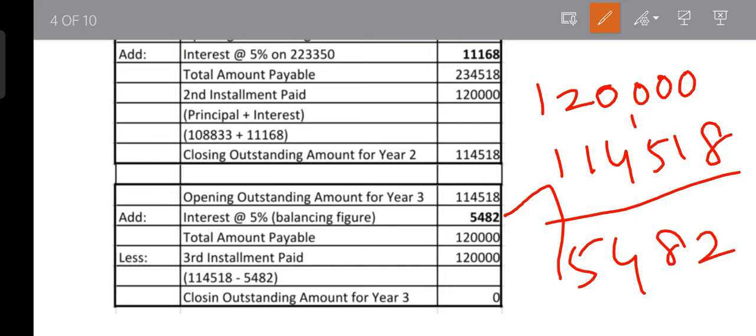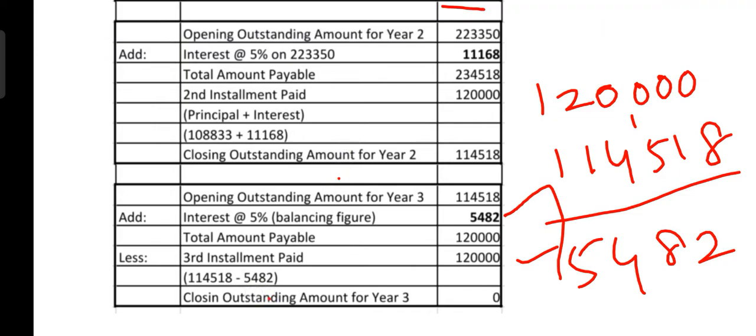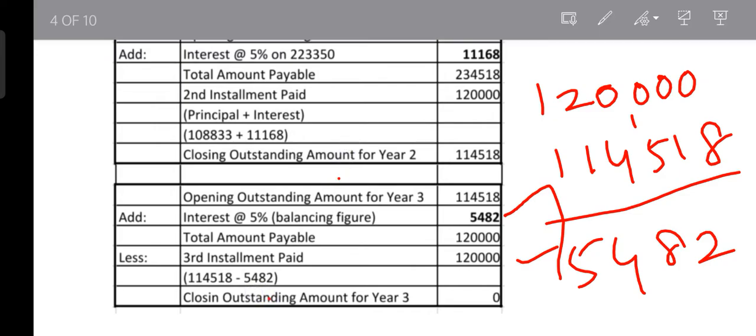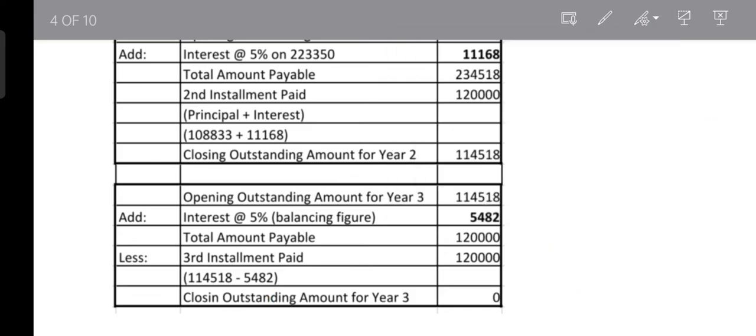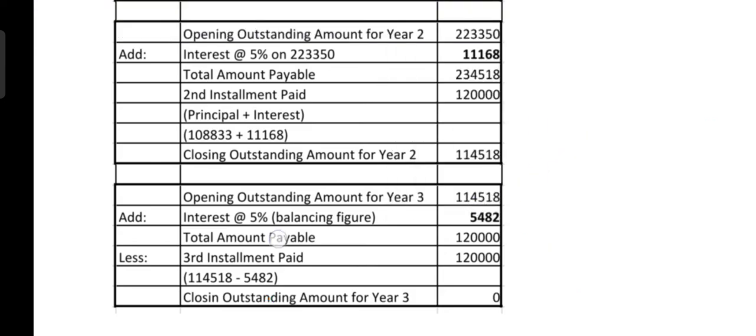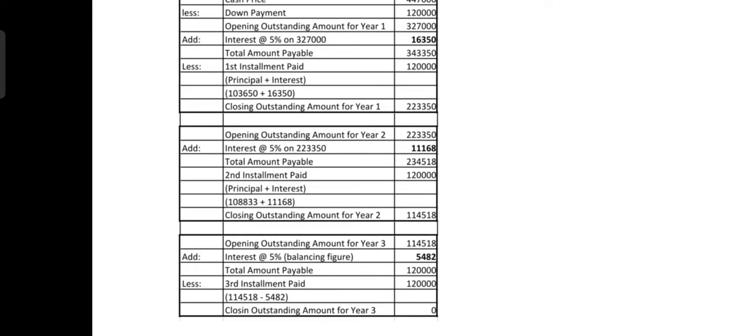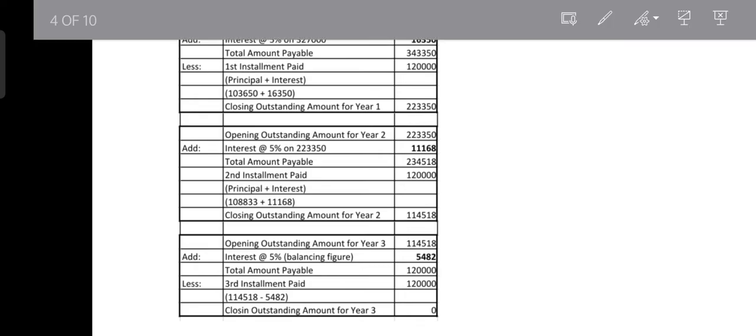Sometimes it may match, sometimes it may not. If it matches, you write the same value. If it does not match with the final installment amount paid, 1,20,000, then at the calculation of interest at the final stage, that is the last installment, you are going to find the balancing figure, not the actual calculation.